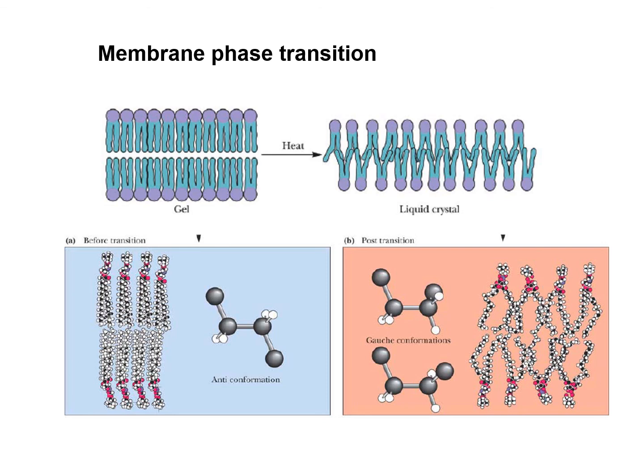Post-transition, it is more liquid-like, with the gauche conformation, which generates kinks in the tails. This makes more space, so it's not as compact as the gel-like structure, which makes the bilayer more flexible and dynamic.